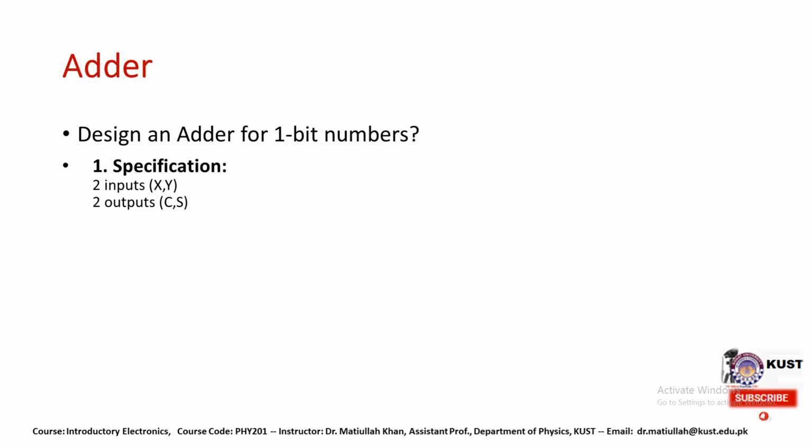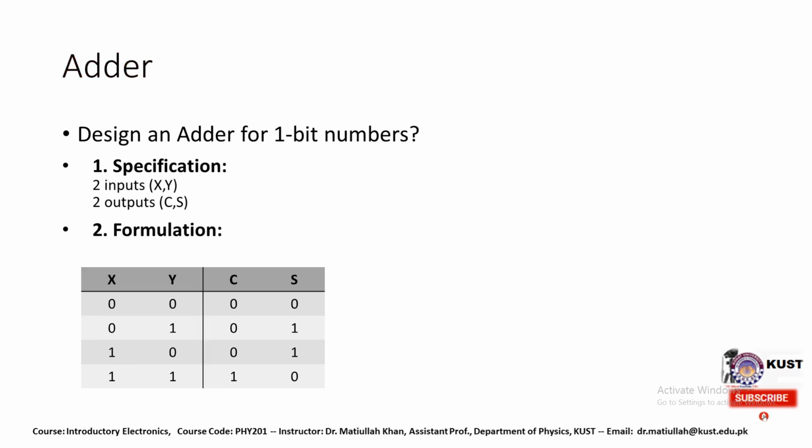So what are adders actually? If we look at the design of an adder for a 1-bit number, it has a simple specification: two inputs, normally x and y, and two outputs, normally considered to be c and s.